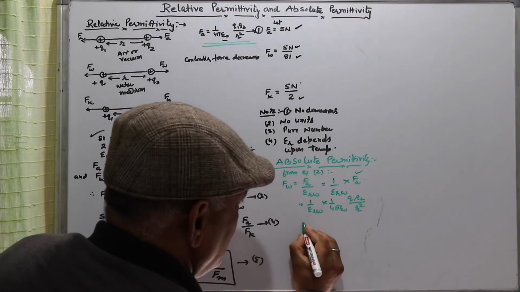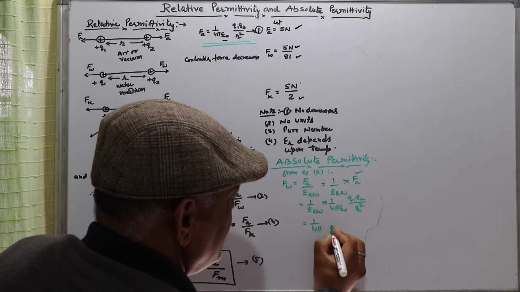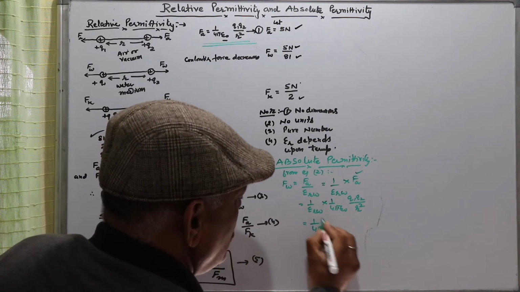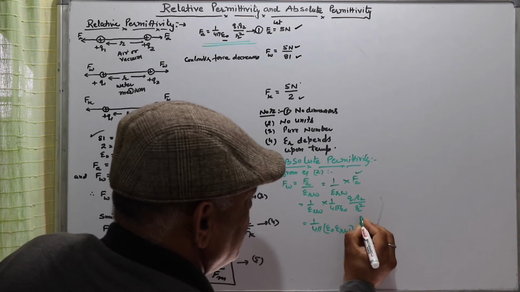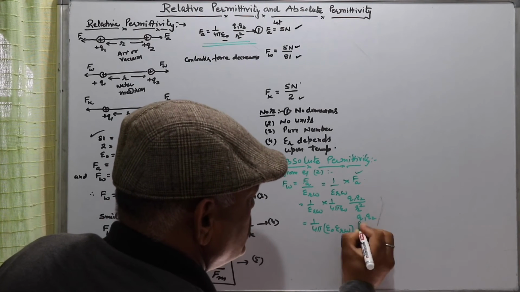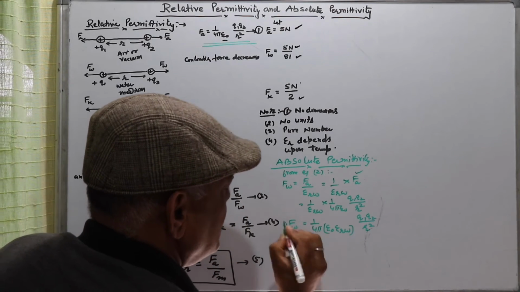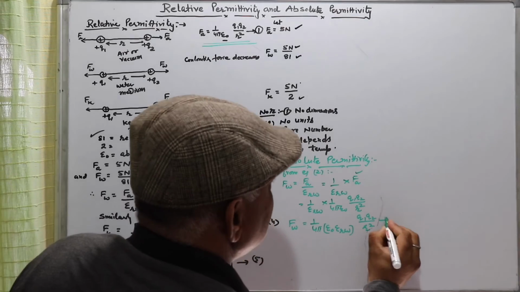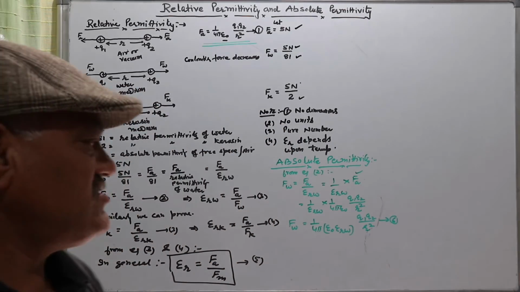Now 1 upon 4 pi epsilon naught epsilon Rw, Q1 Q2 upon R square, that is Fw. This is equation number 6.